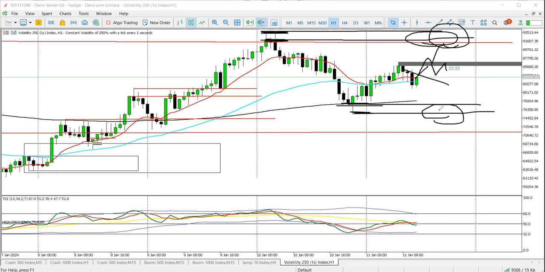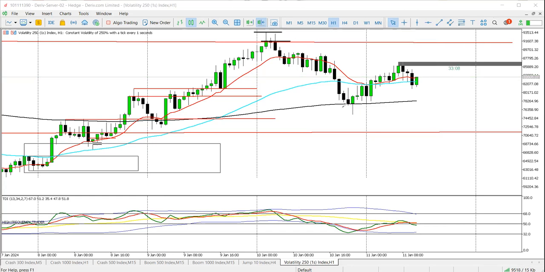Then if we reject, we're potentially coming back to this area. Then if we come and respect this area, we're coming back up to this area and potentially to this area. That's my trade basis. I'm just trying to keep it simple. As long as we are within yesterday's range, there's nothing too solid at the moment, but these areas here will be my points of interest.